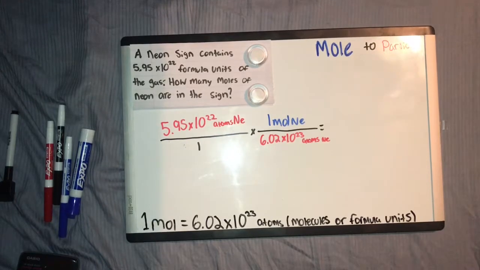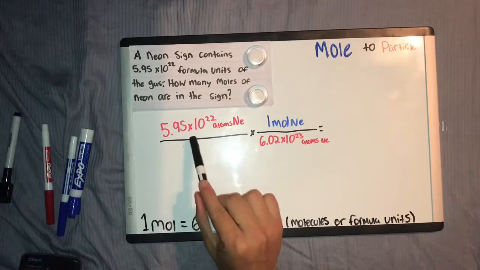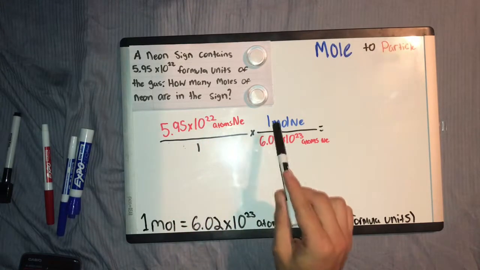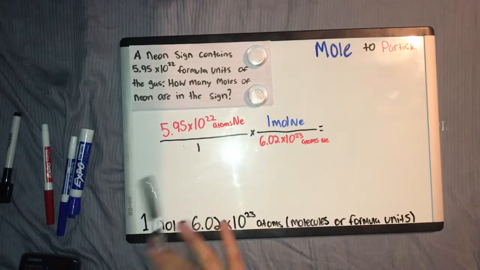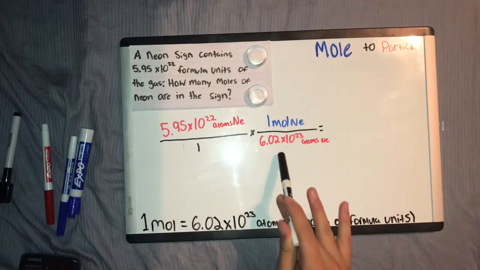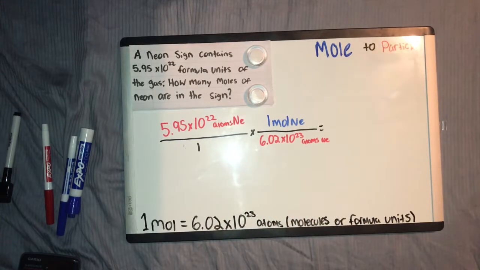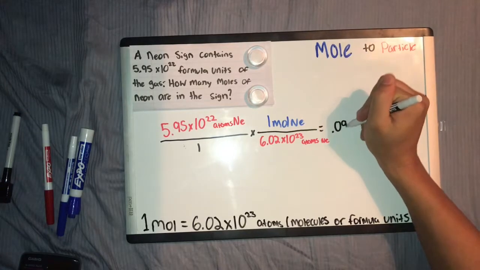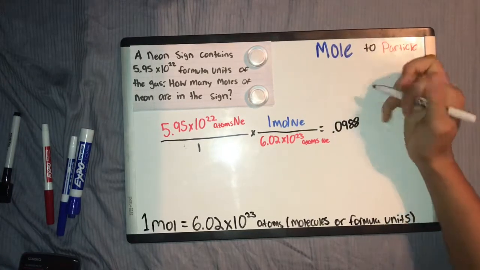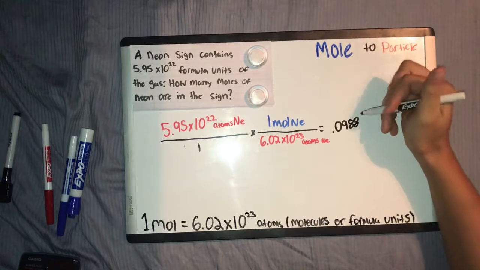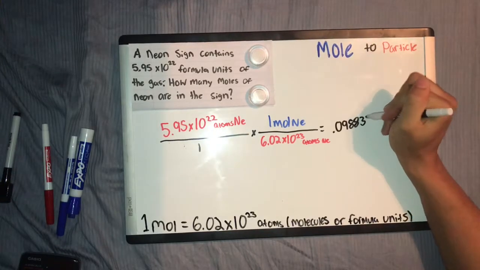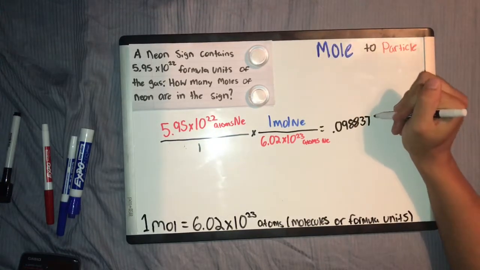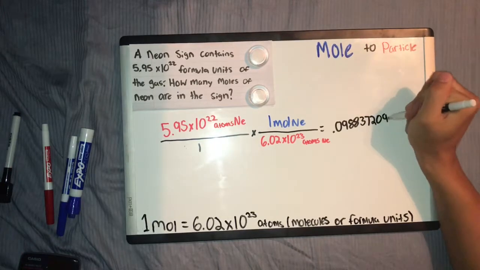And in this case, if you punch this into the calculator, if you do 5.95 times 10 to the 22nd times 1, and then divide that by 6.02 times 10 to the 23rd, you'll get 0.0988372093.